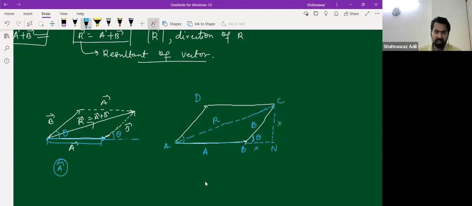If we know this length, let's say this is X and this is Y, then we have this diagram: A plus X, and this is Y. Then we can apply the Pythagoras theorem.